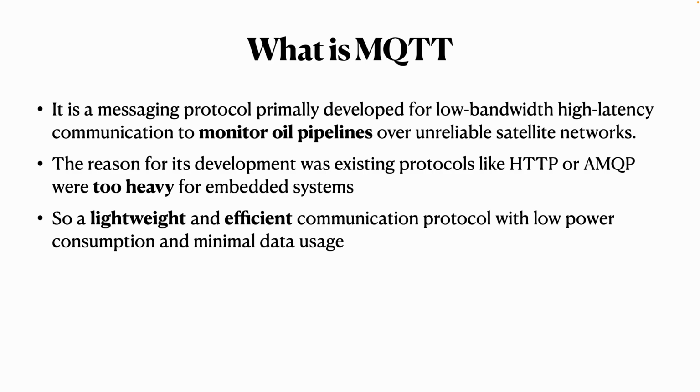Heavy in the sense that HTTP requires high bandwidth, and in order to send high bandwidth signals, an IoT device requires a lot of power, and also satellite communications do not have that high bandwidth to support HTTP. So a lighter weight and efficient communication protocol was developed, which consumes lower power and requires minimal data usage for communications.